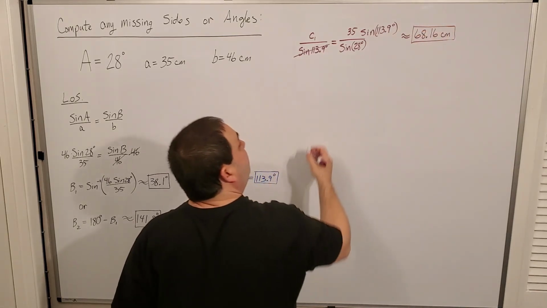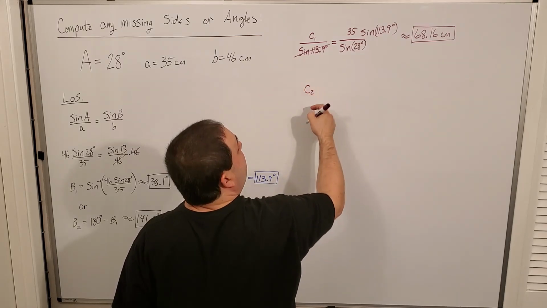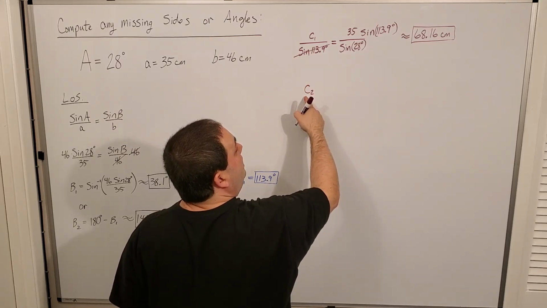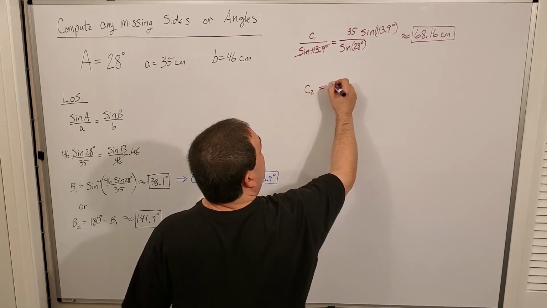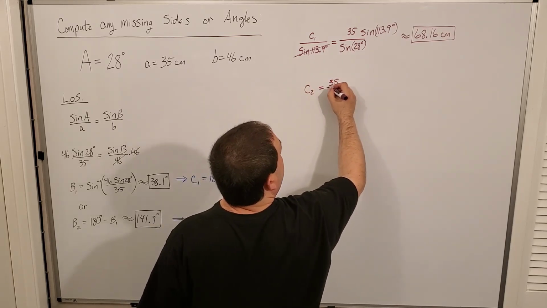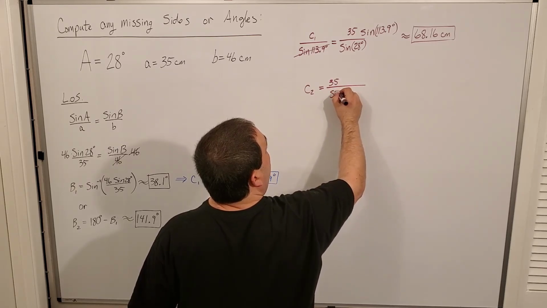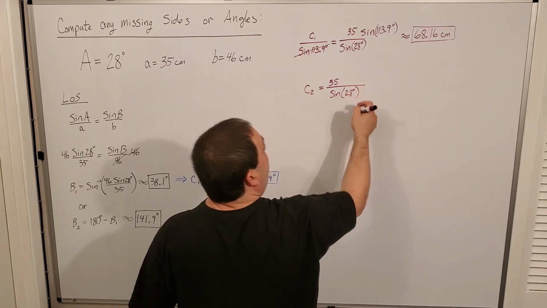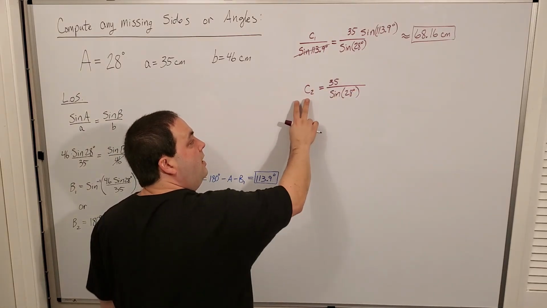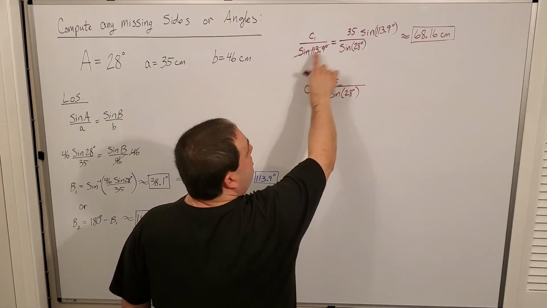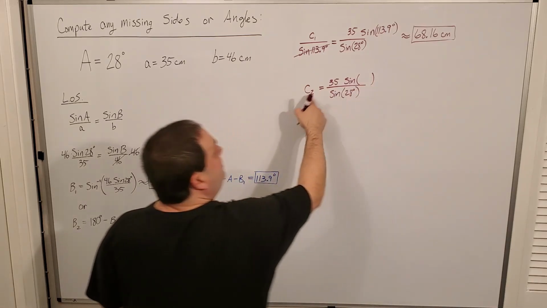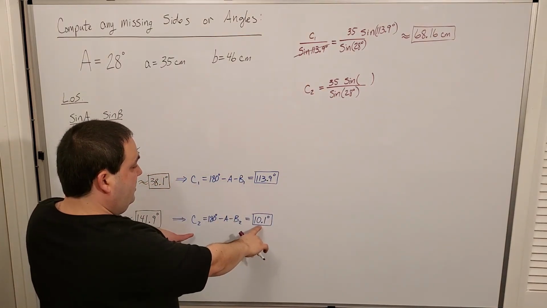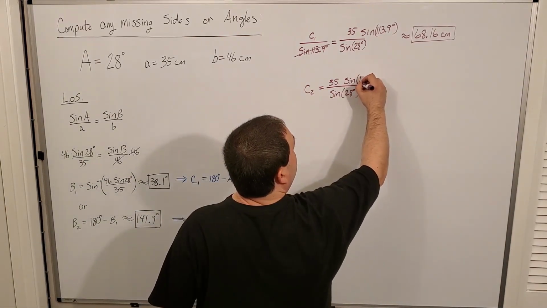And then the same thing for little c2, right? The only difference with little c2 is that it has a different angle, big C2. So that's the only thing that's going to change here. Notice the ratio of the A angle in the A side, that's going to be the same. And I'm going to multiply, just like before, a sine of big C2, which was 10.1 degrees.